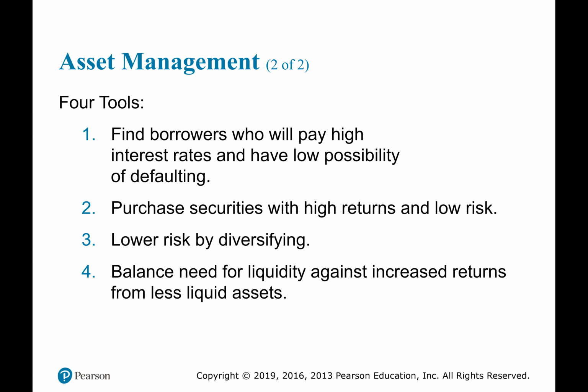That tends to be agency securities. Interestingly enough, the government agency securities are very popular with banks. And they obviously want to lower their risk as a bank by diversifying. That means if something goes wrong in one part of the economy, it won't bankrupt the bank. And also they need to balance the need for liquidity against increased returns from less liquid assets. So they've got to make sure that they can cover if anyone wants to pull out their deposits.